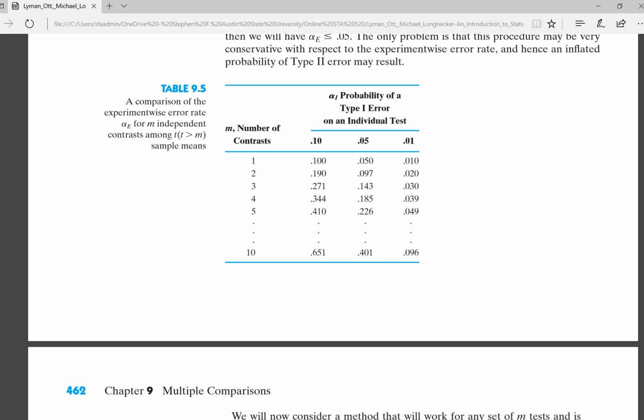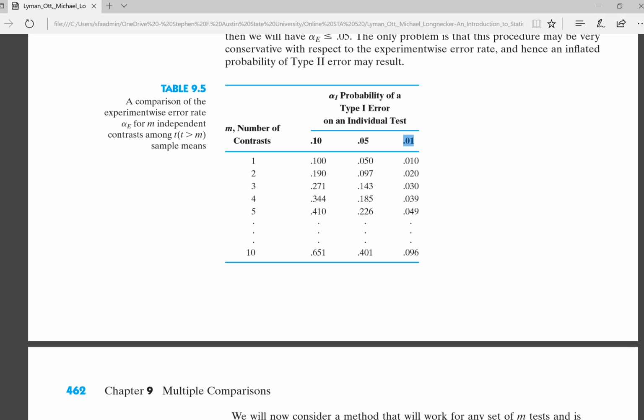Okay, so there's this compounding of error rates for the individual tests, and that shows up in the experiment-wise error rate. The same is true if you have an alpha of 0.05 or an alpha of 0.01.